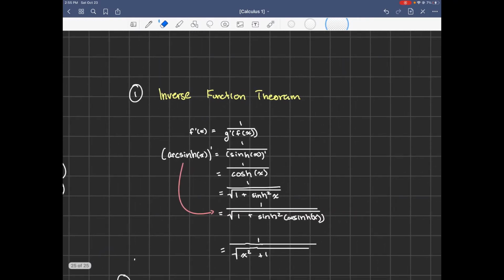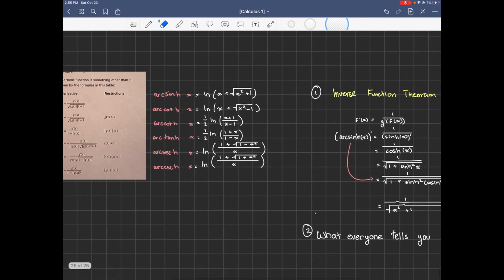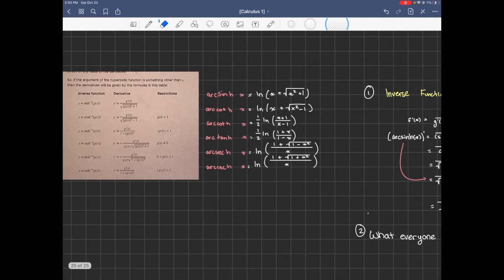In taking the derivative, first we're going to look at the inverse function theorem. The inverse function theorem is one way of doing it, but you also have to know that there's multiple ways. Arc sine h is the natural logarithm of x plus the square root of x squared plus 1.